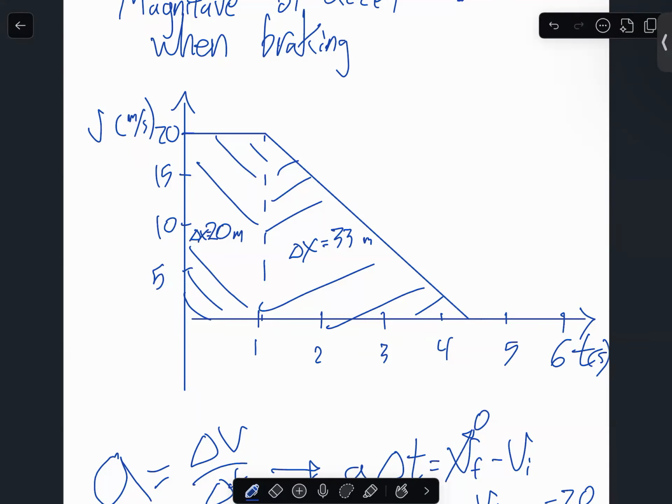Very suspicious. As it turns out, geometric area on a graph can always tell you the accumulated product. If you multiply a constant v times a constant t, that's like multiplying base times width, height times width of a rectangle. But if you've got a changing velocity as time passes, you could still draw a graph, find the area, and that's still the accumulated displacement.